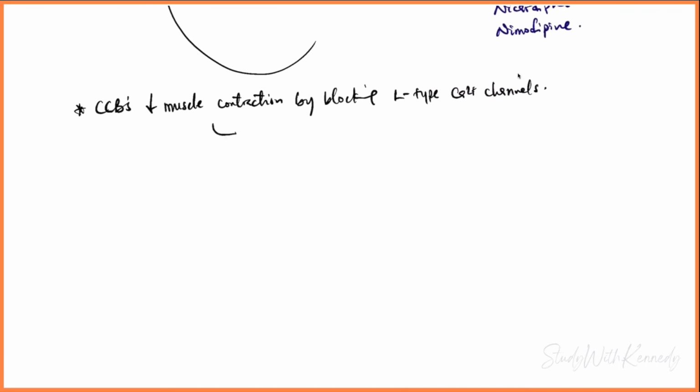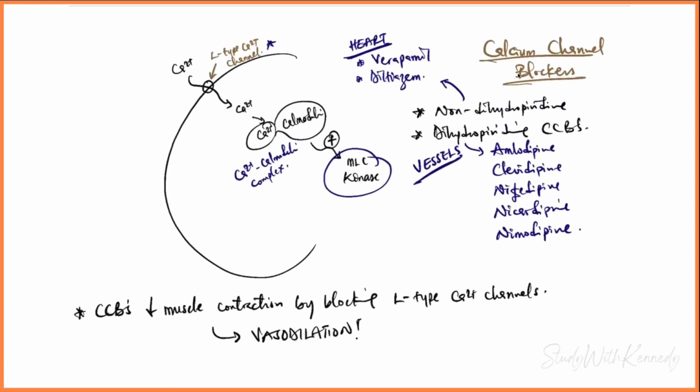What this means automatically is that they're going to cause vasodilation. We've already seen calcium channel blockers when we talked about antiarrhythmics. You may remember that your calcium channel blockers were your class 4 antiarrhythmic medications. And when we talked about antiarrhythmic medication, we were really talking about verapamil and diltiazem, the non-dihydropyridine calcium channel blockers.